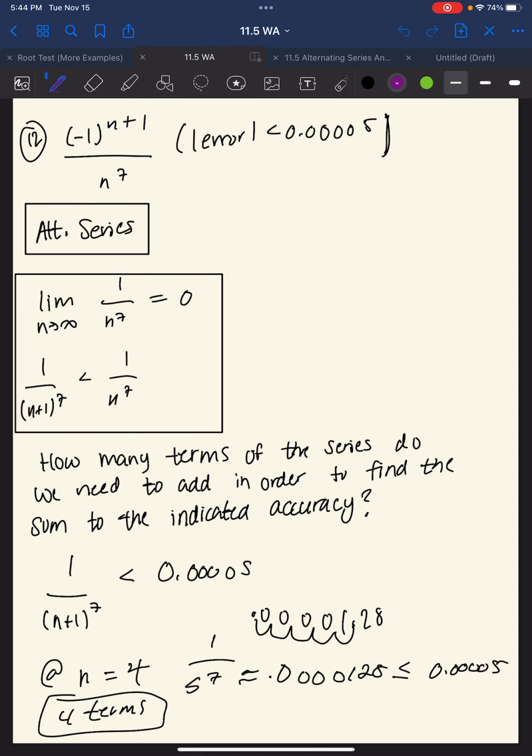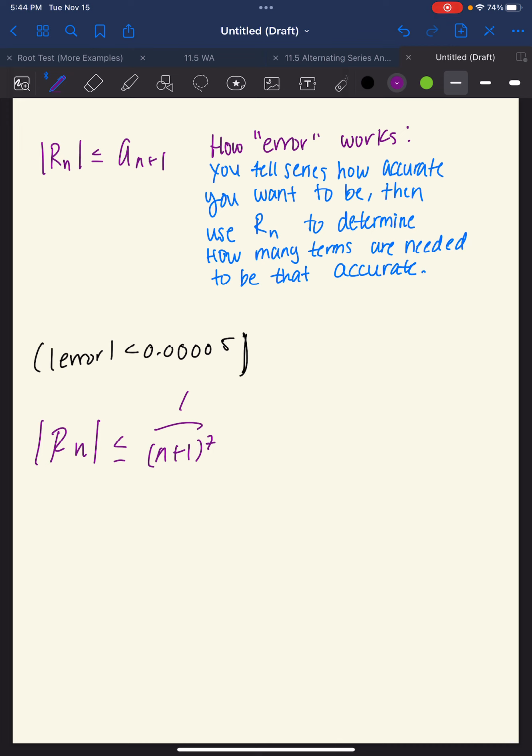From here, your result is going to be less than this 1 over n plus 1 to the 7th, and this is also going to be less than the error bound they give you, which is 0.00005.